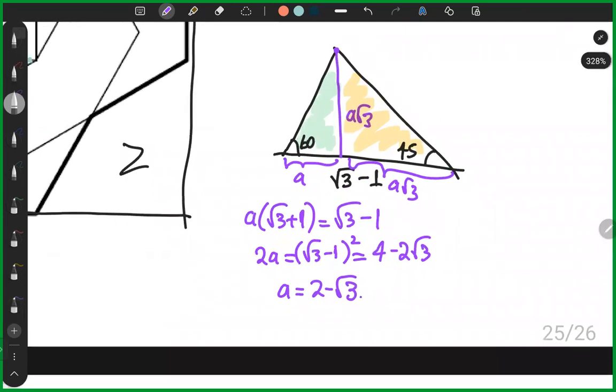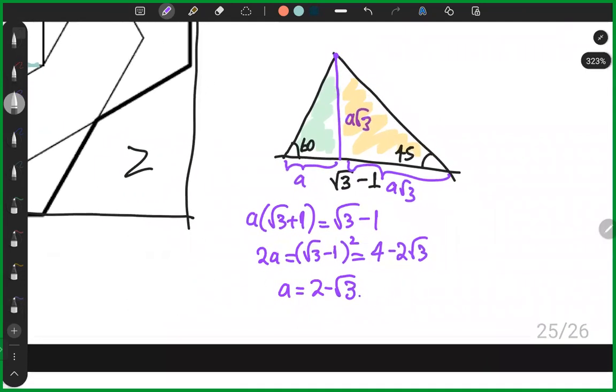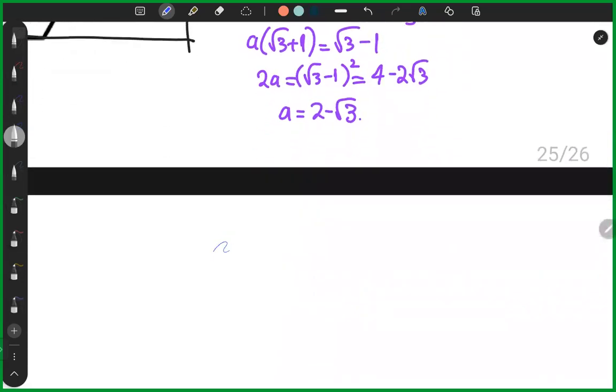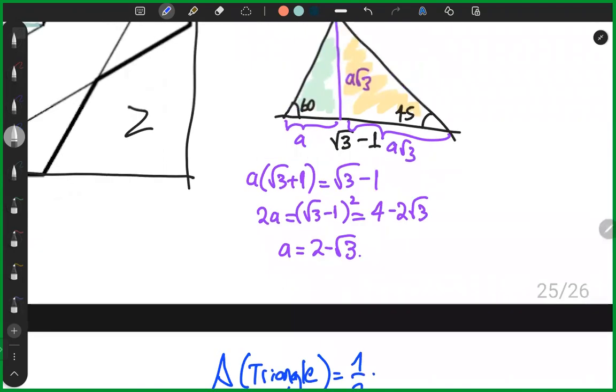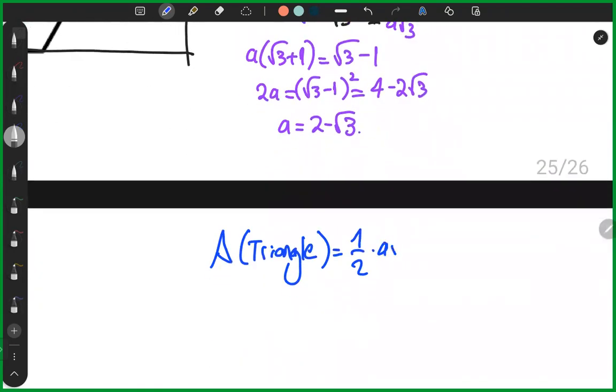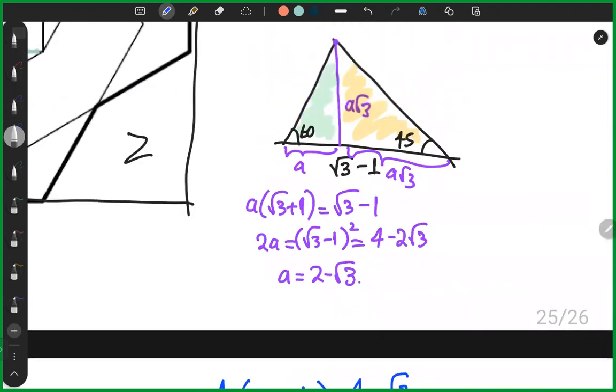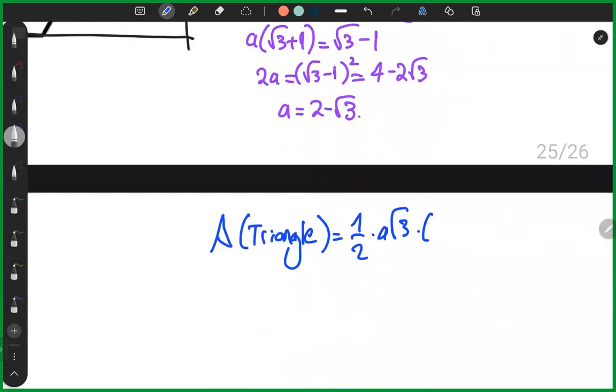Okay, and then let's find the area of the triangle using whatever we found here. So the area of the triangle is 1/2 times height times base. Height is A√3, times the base √3 - 1.